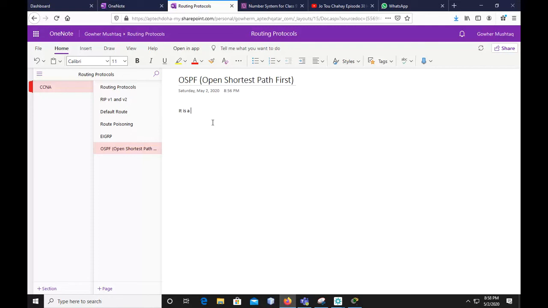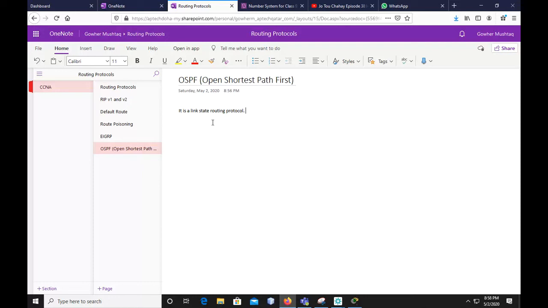So we can say it is a link state routing protocol. I told you before there are two types of protocols: distance vector and link state routing protocol.